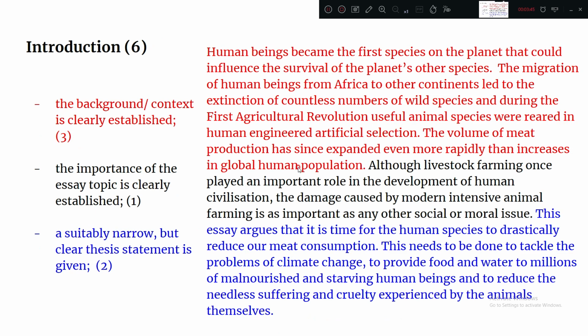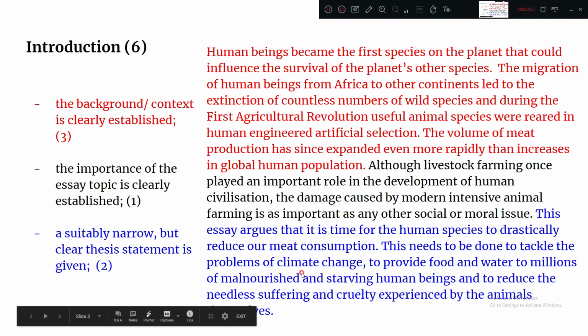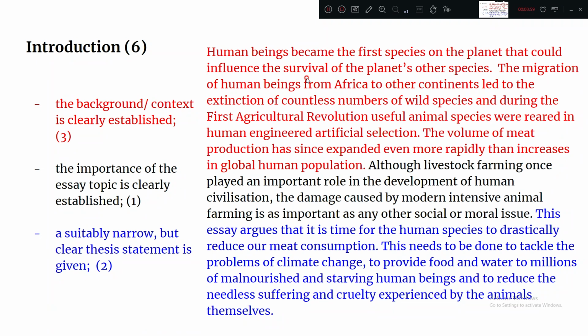Right, so we have an example introduction paragraph here. The background is in red, the importance of the topic is in black, and the narrow but clear thesis statement is in blue. So I'm not going to read the whole thing out.